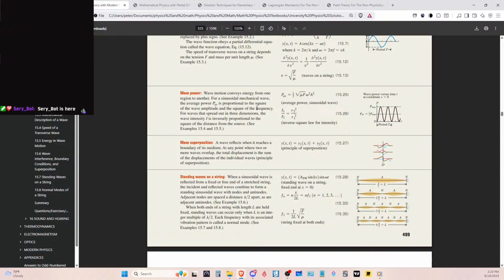For a sinusoidal mechanical wave, the average power is proportional to the square of the wave amplitude and the square of the frequency. For waves that spread out in 3 dimensions, the wave intensity I is inversely proportional to the square of the distance from the source.